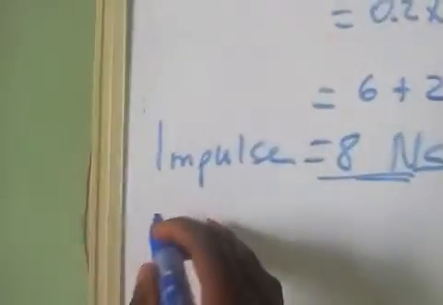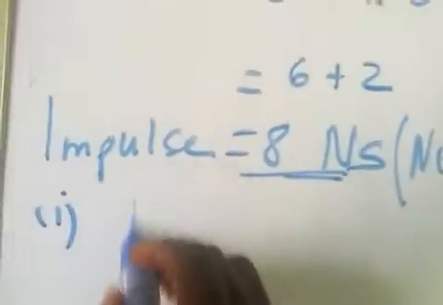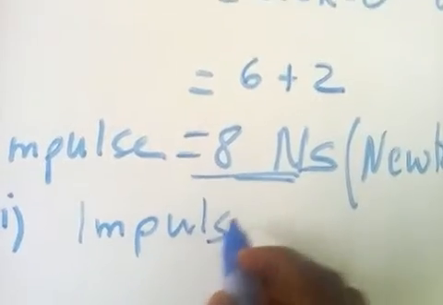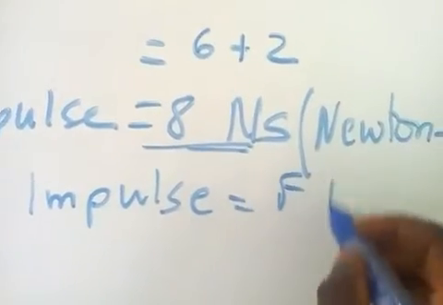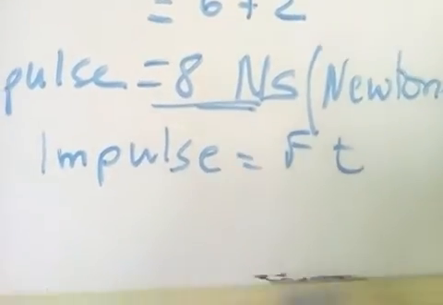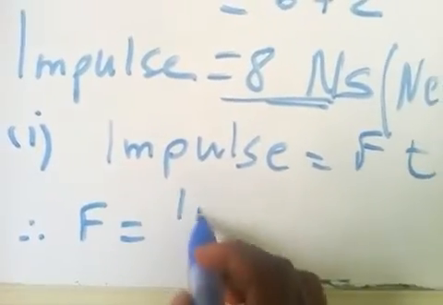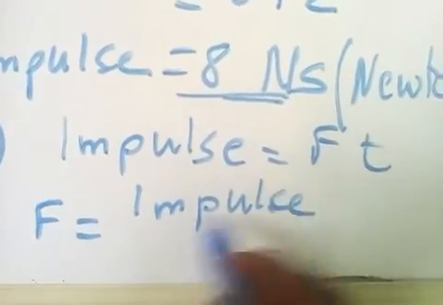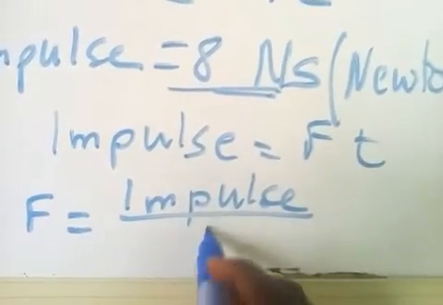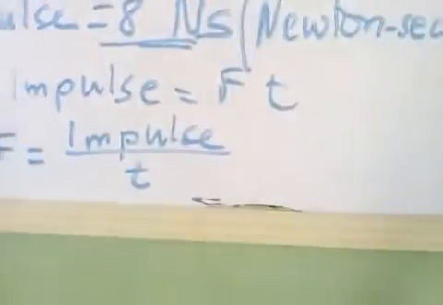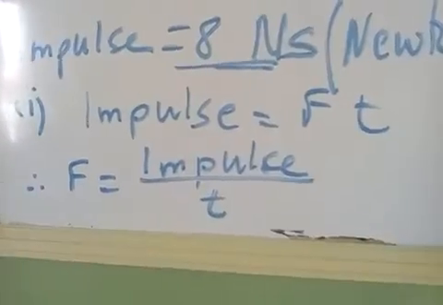Then question (ii) told us to get the kicking force, which is F. The kicking force F can be found when we consider this second equation, that is impulse is equal to Ft. Making F the subject of the formula, you're going to have F is equal to impulse over t, and t is the time of application of that kicking force.